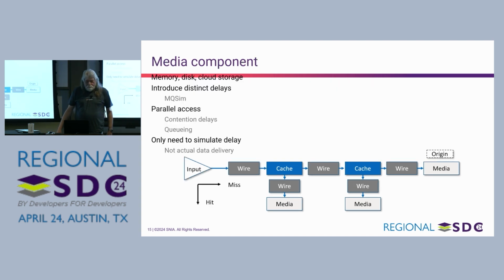So when we get into the media component, see, I fixed this in my slides, but it's still here. The media components can be memory, disk, cloud storage, network storage, whatever you want. We have a handful of ones that are out there.